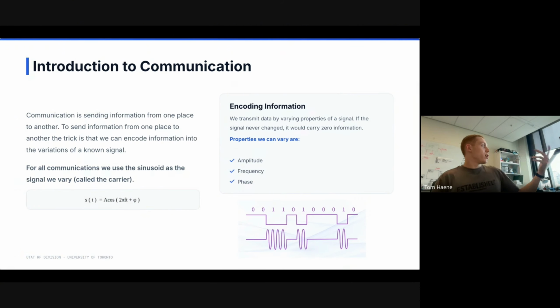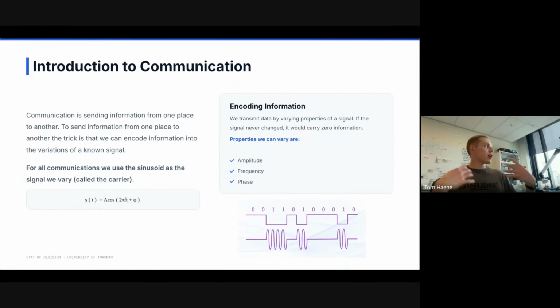You can encode information into variations of a signal, and that's how communications works. If you look at this picture, think of the flashlight example. You could see it as Morse code, but also as yes or no: on is yes, off is no, and therefore you transmitted information just by varying a signal.